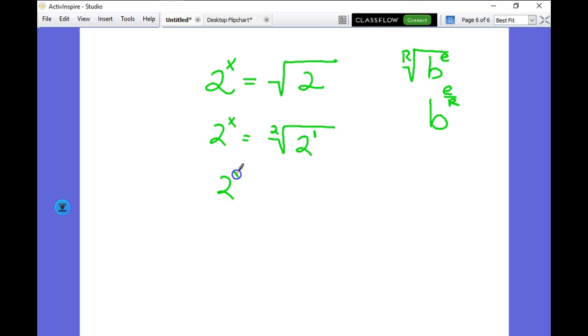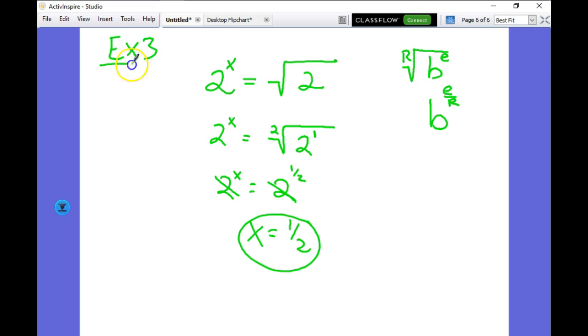So if I wanted to change that into exponential form, it would be 2 to the 1/2 power. And therefore, x equals a half. Okay? In other words, 2 to the 1/2 power is the square root of 2, right? Okay. That was example 3.